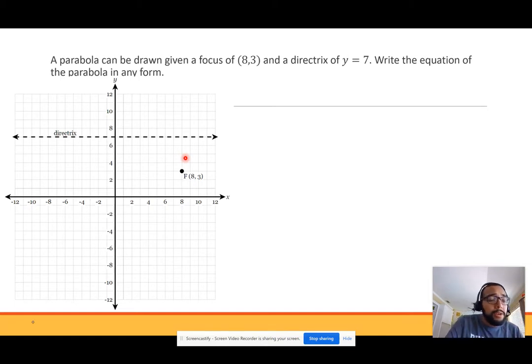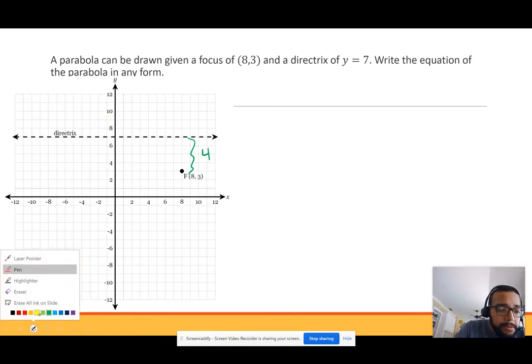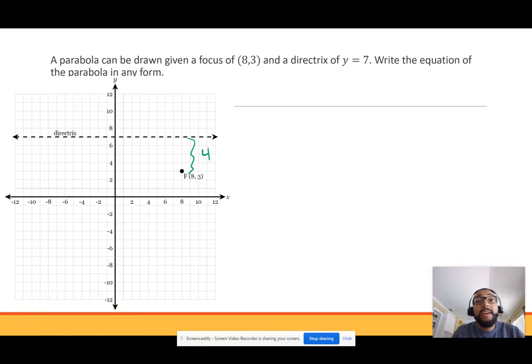Okay, cool. So here, again, find that total distance. From a y value of 3 to a y value of 7, the total distance is 4. Now find your vertex. The vertex has the same x value as your focus, and it's halfway in between that total distance.